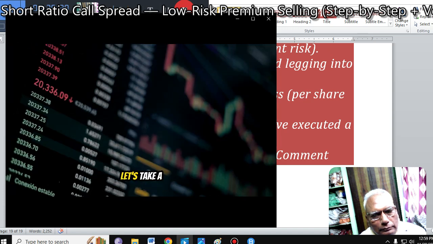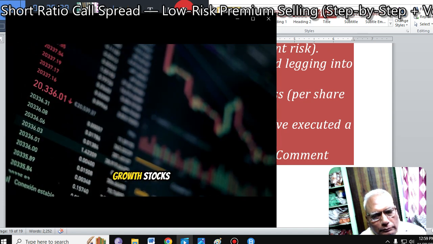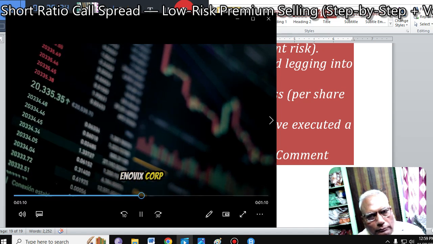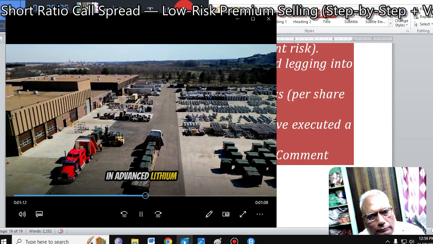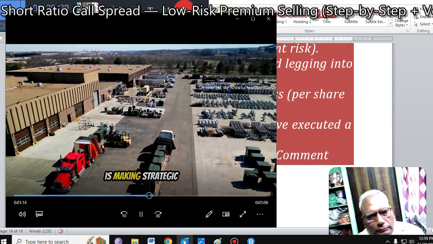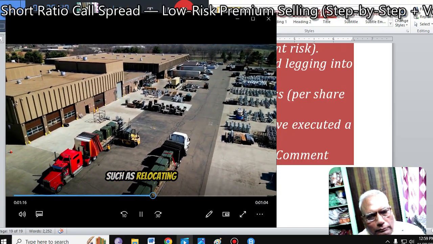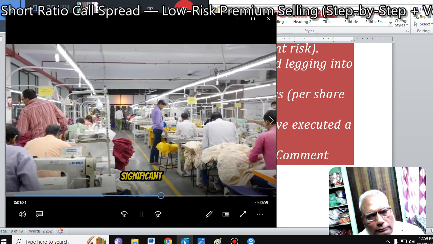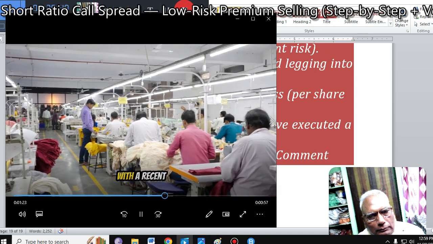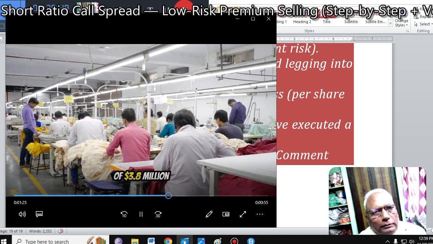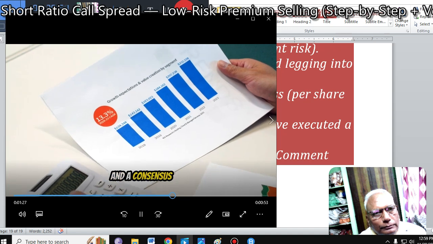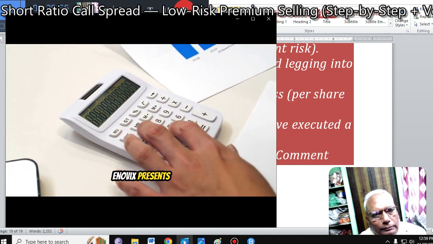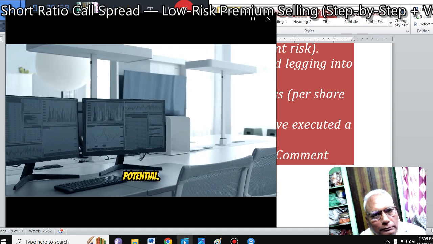Let's take a closer look at 3 promising growth stocks currently trading under $20. Enovix Corp specializes in advanced lithium battery technology and is making strategic moves, such as relocating manufacturing to Malaysia, which is expected to yield significant cost savings. With a recent sales report of $3.8 million and a consensus price target of $21.33, Enovix presents strong upside potential.